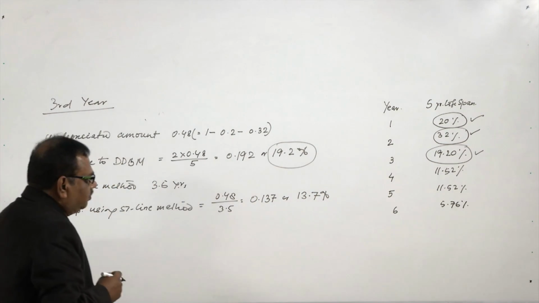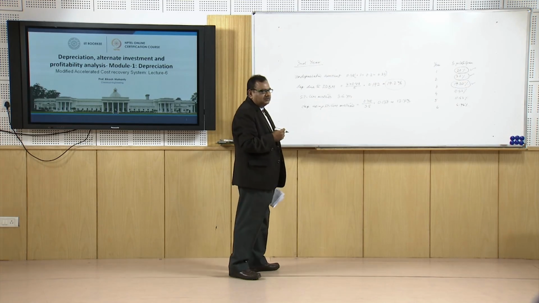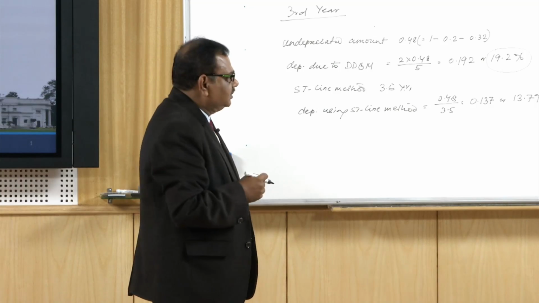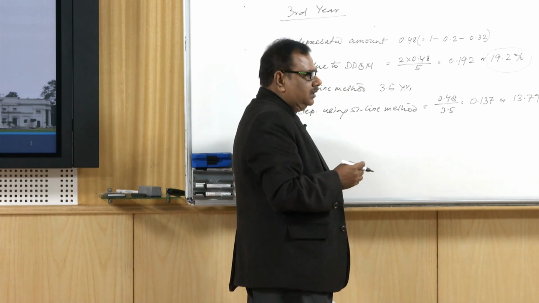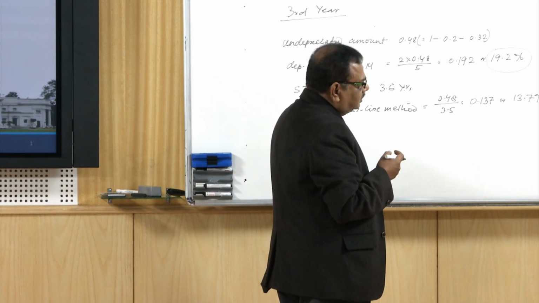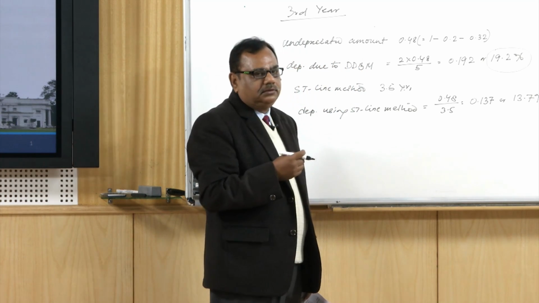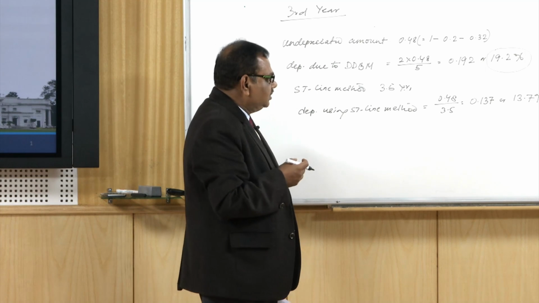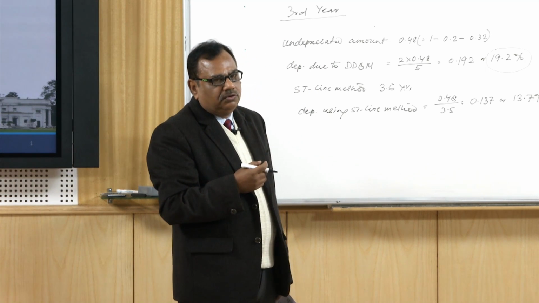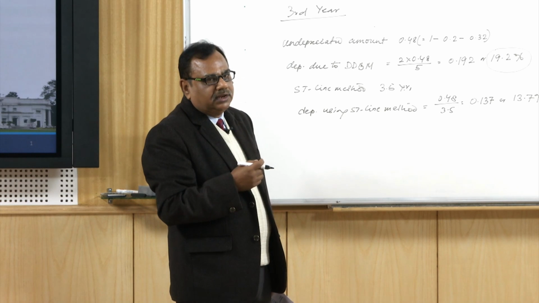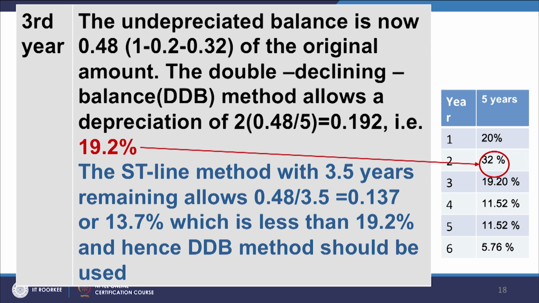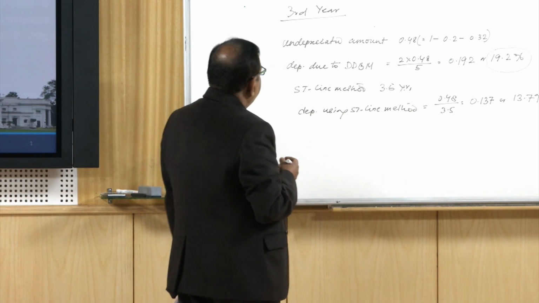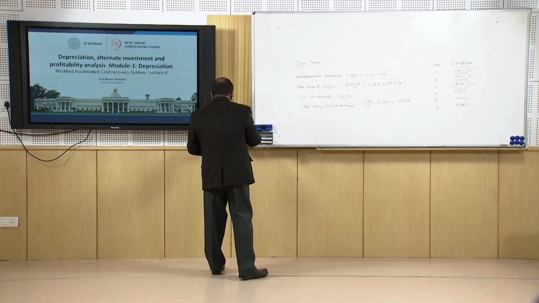So, as 13.7% is less than 19.2%, I will select 19.2%. In this way, it will change to straight line method only when the depreciation computed by straight line method will be more than the depreciation computed by the DDBM method. Now, let us go to the fourth year.